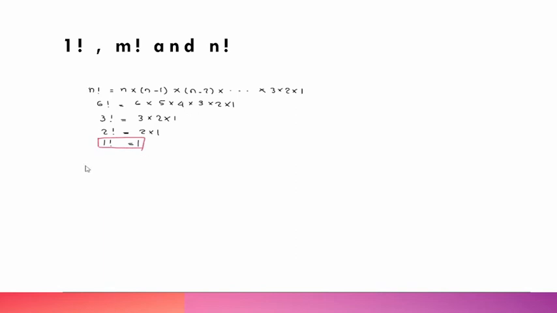Moreover, if m and n belong to the natural numbers and m is greater than n, then m factorial can be expressed in terms of n factorial. For example, 8 factorial equals 8 times 7 times 6 factorial.